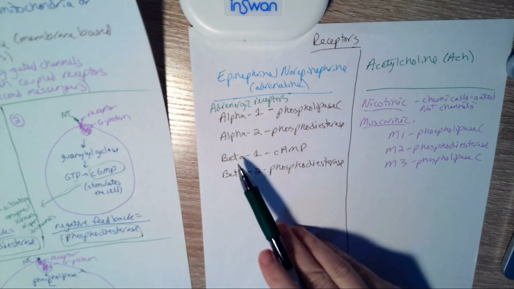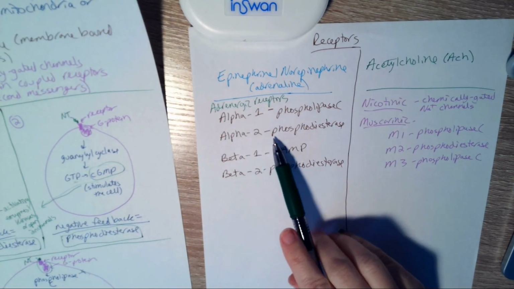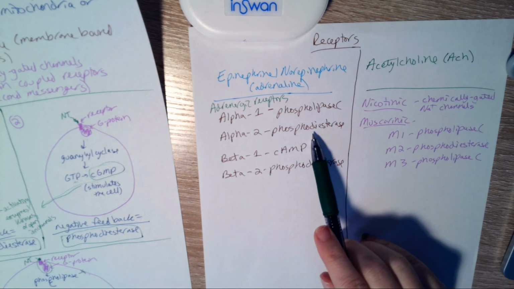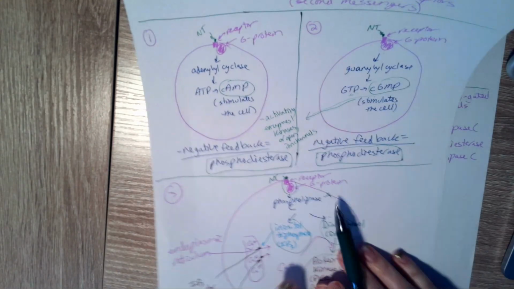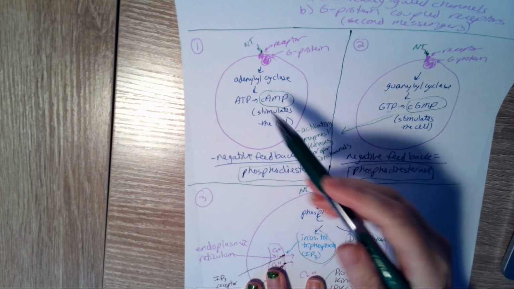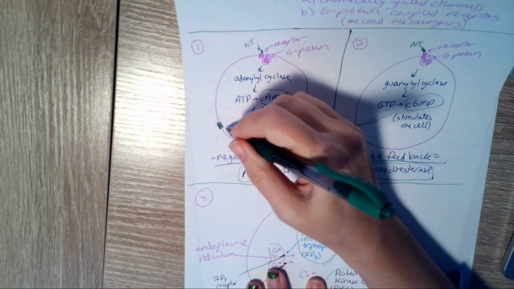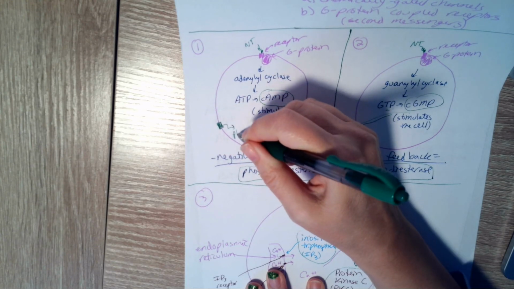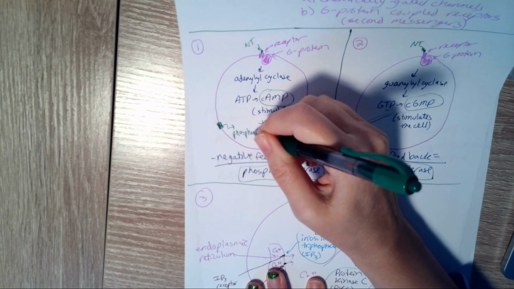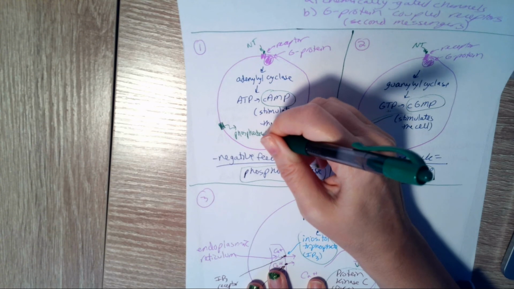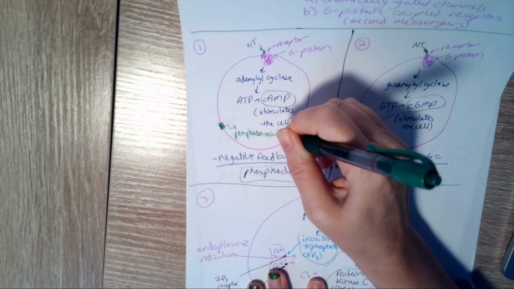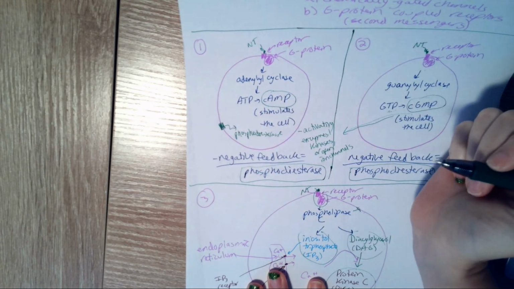Okay, now an alpha-2 receptor involves phosphodiesterase. So let's say that we have another receptor on the cell that, say, is over here, and it activates phosphodiesterase. That could be an alpha-2 receptor.